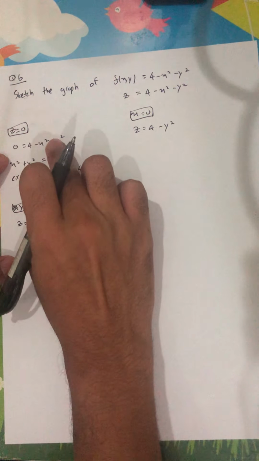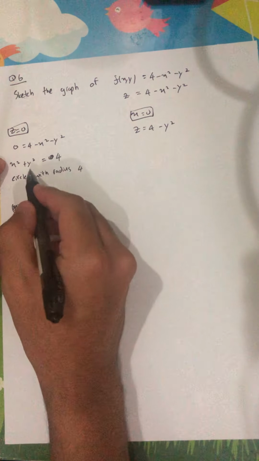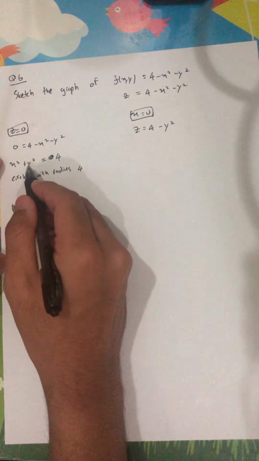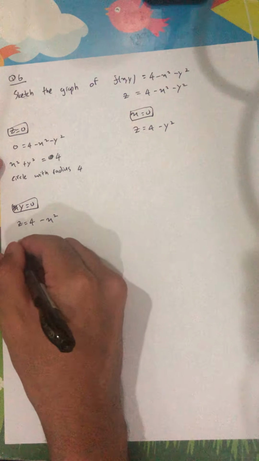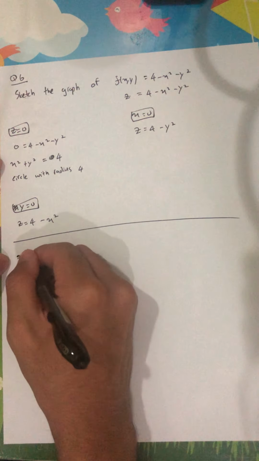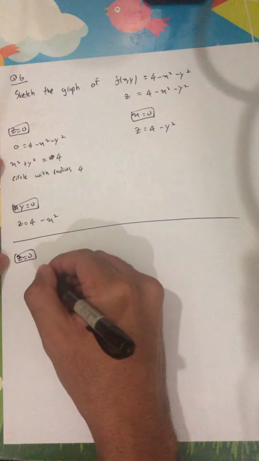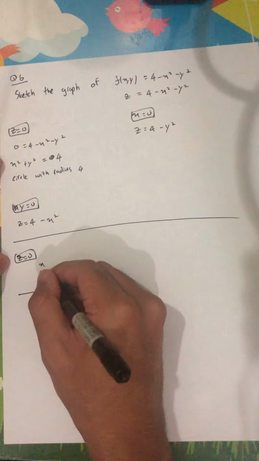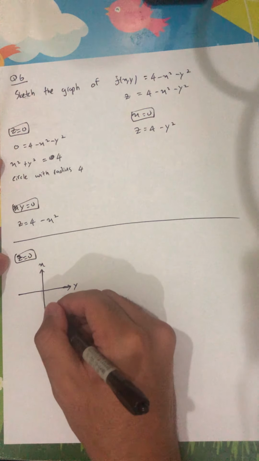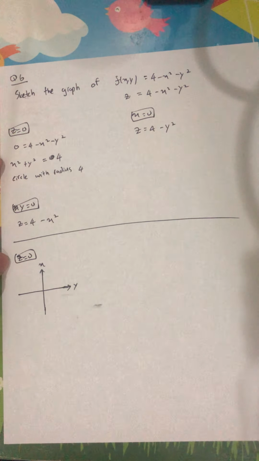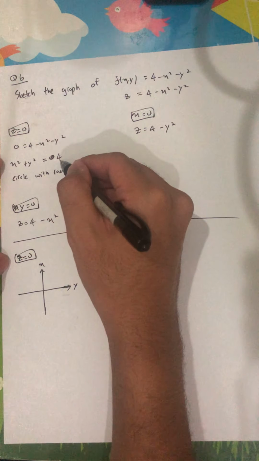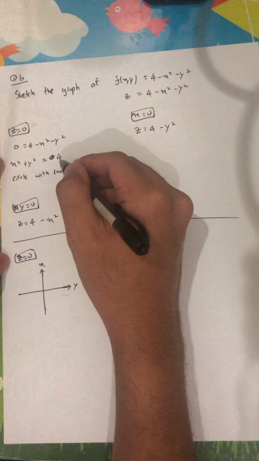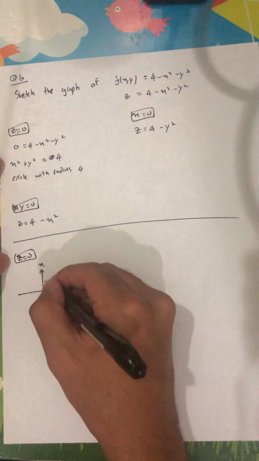First, for this, the drawing is on the xy axis. So at z equal to 0 again, the drawing is on the xy axis. Okay, so it is a circle with radius of square root of 4. So the radius is 2.